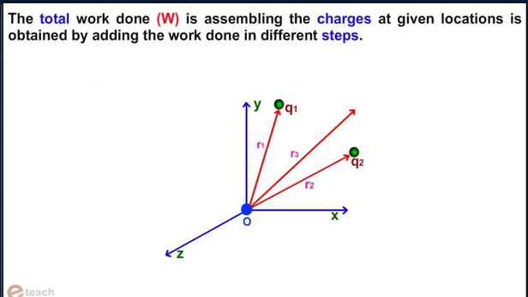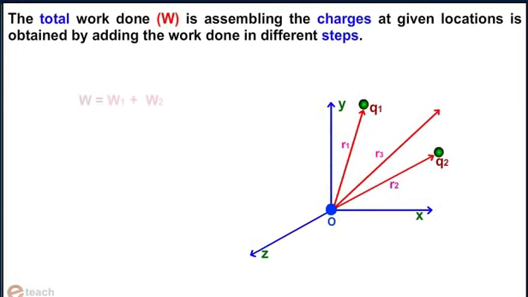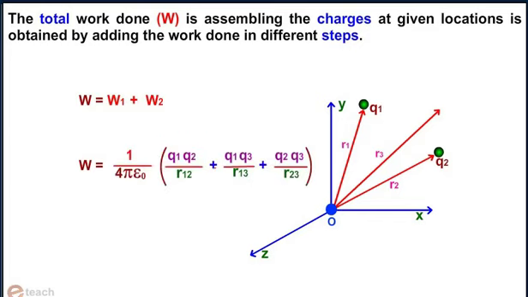The total work done W in assembling the charges at given locations is obtained by adding the work done in different steps. That is, W equals W1 plus W2. This implies work done equals 1 by 4 pi epsilon naught times q1 q2 by r12 plus q1 q3 by r13 plus q2 q3 by r23.